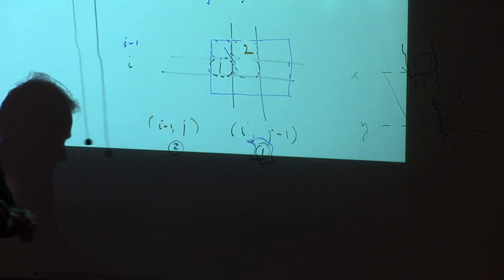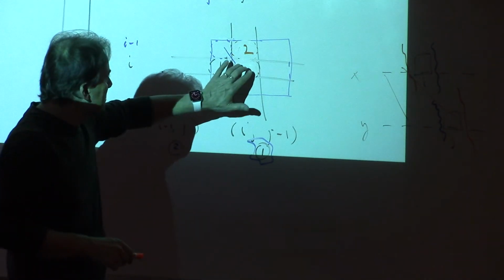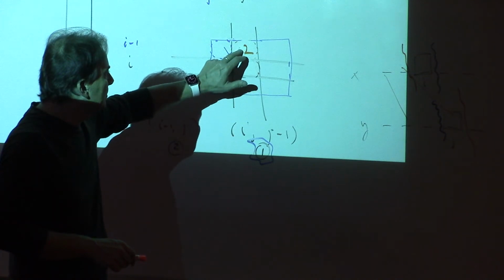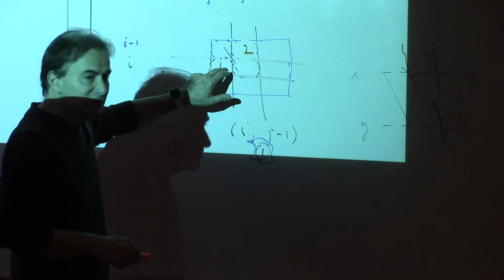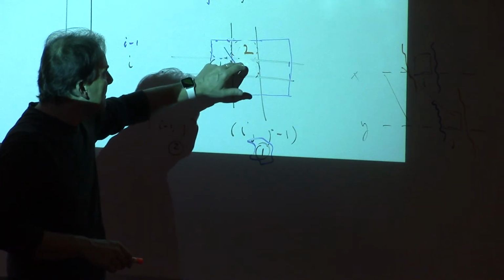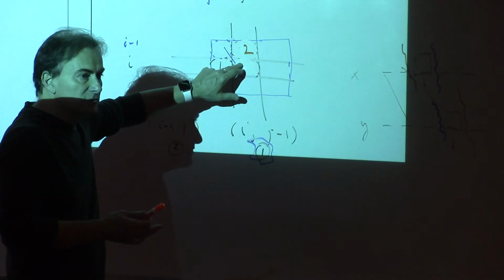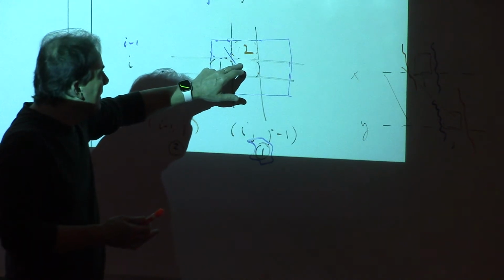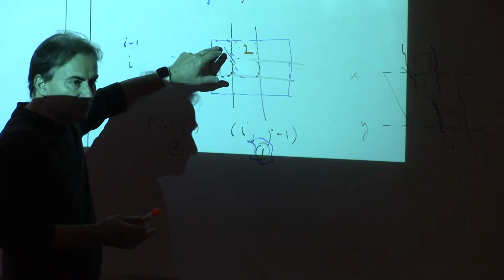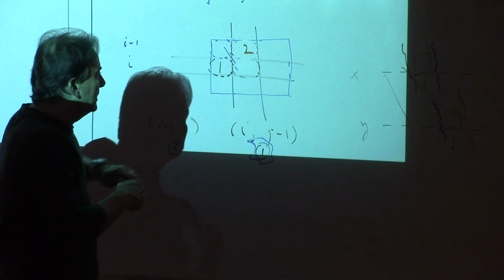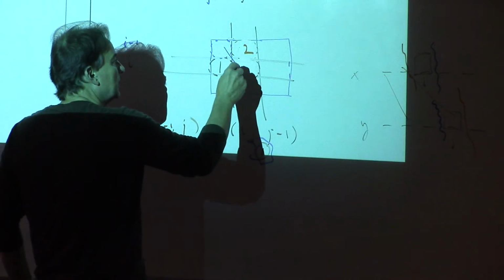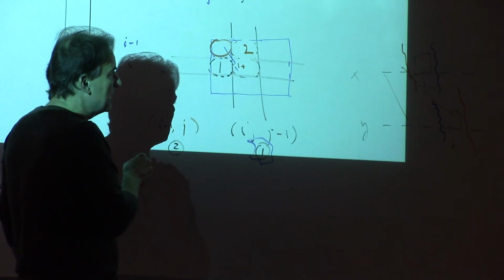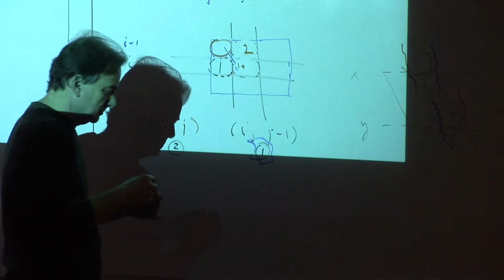If ij is a match, then we're going to have 1 plus, we cannot use this because this has already used j. We cannot use this because it's already used I, and we're matching I to j. So we have to back up 1 character from each string. That means we go up 1 for I, and to the left 1 for string j. So that's why, if it's a match, we're going to get 1 plus this. But if it's not a match, we're going to get the max of these two.